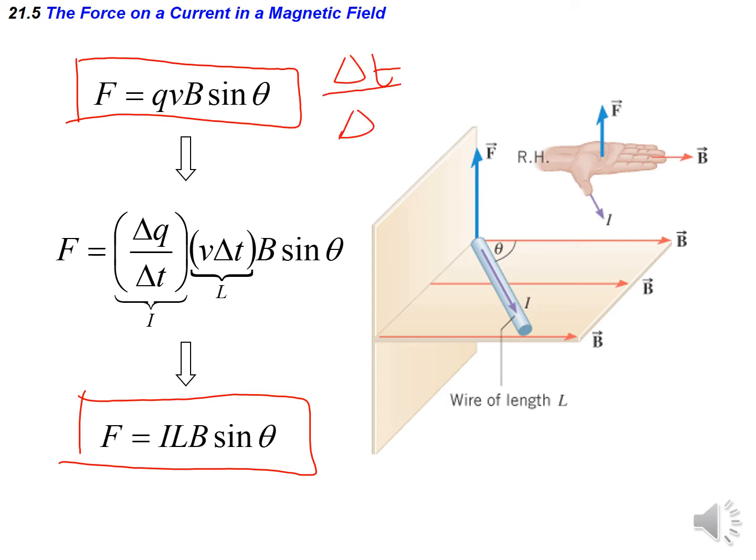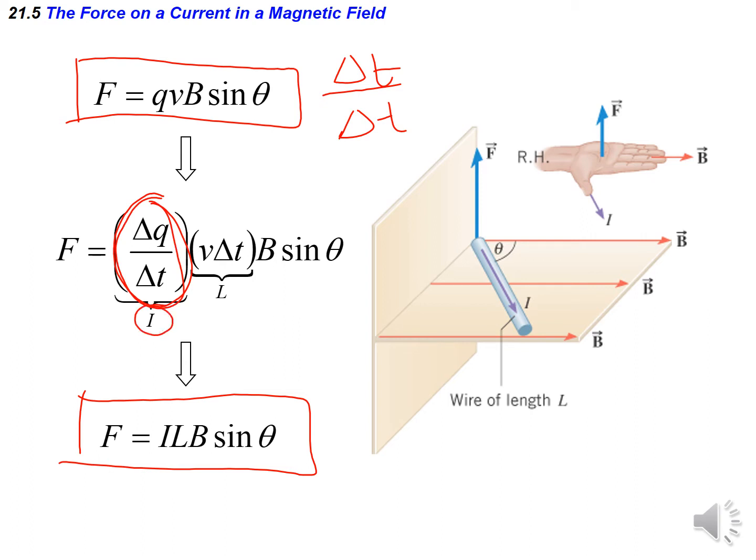We all know that delta t over delta t is simply 1, so it's just like we are multiplying the whole equation by 1. Given this equation, that will become change in charge divided by change in time. In our topic in electrostatics and also in electric circuits, we computed for current. Current is simply the change in charge over the change in time. So this part of the equation is equal to current.